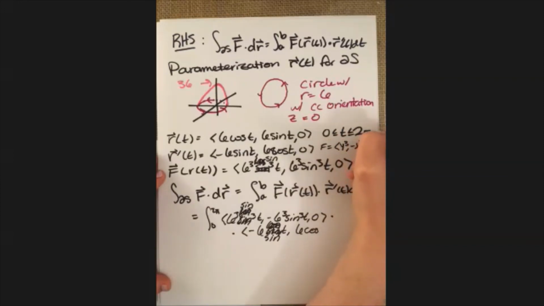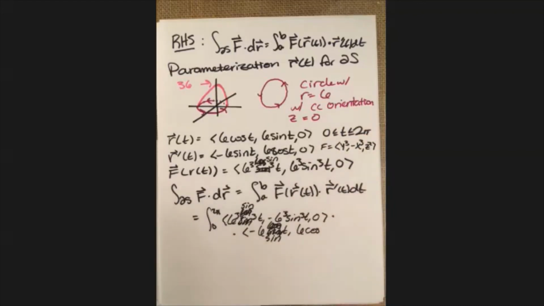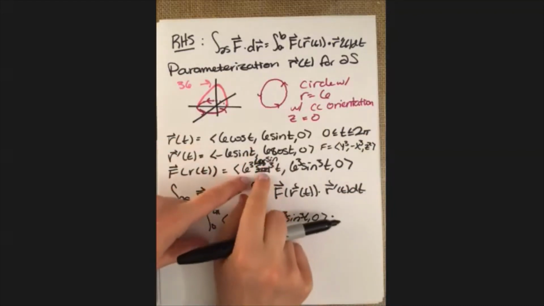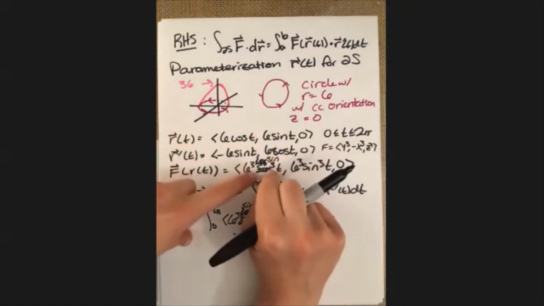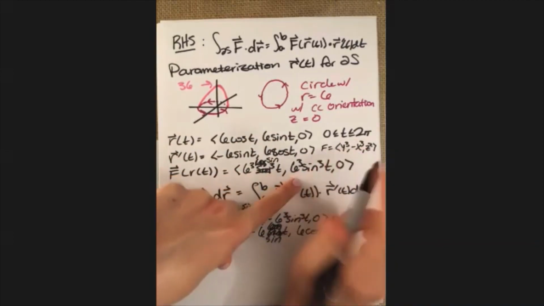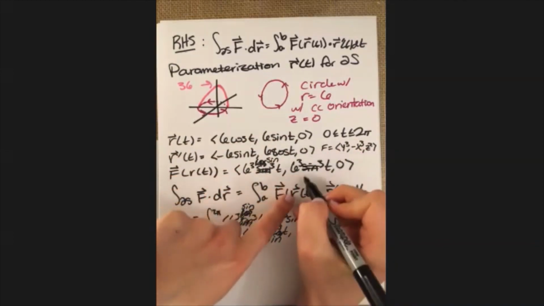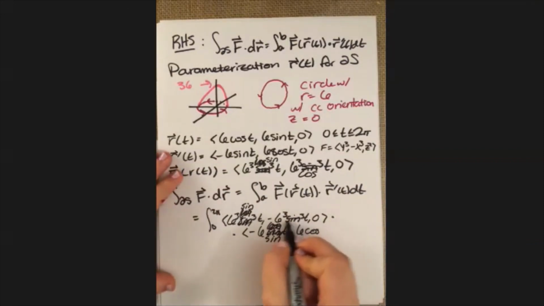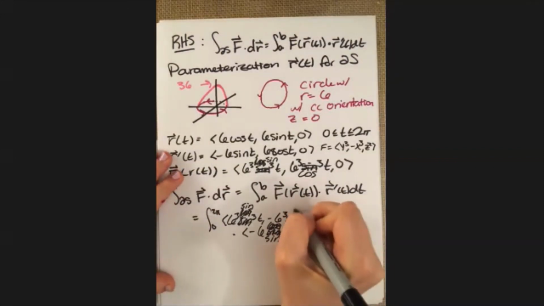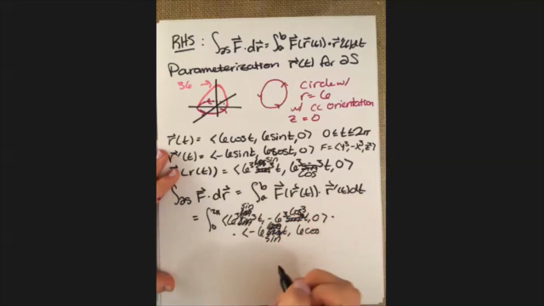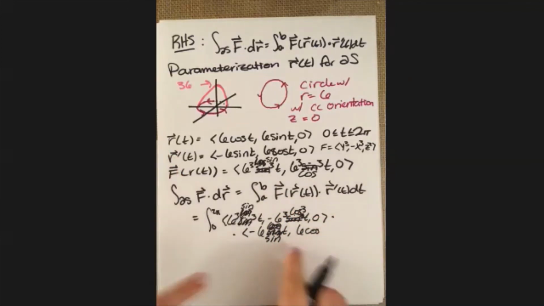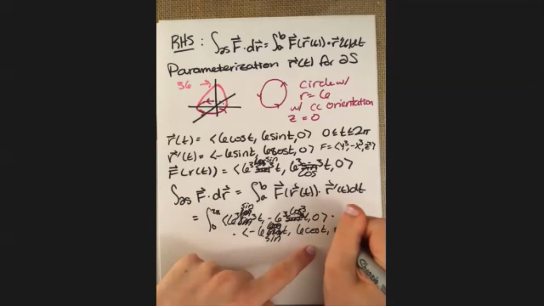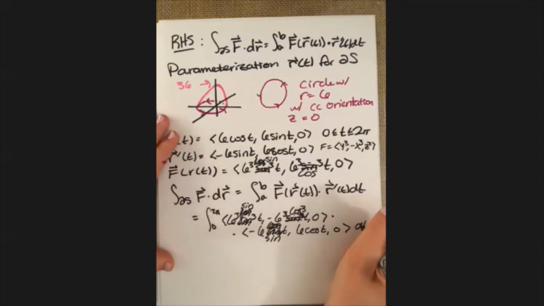So negative x cubed, and then there was a z squared here in the last component. So just to recap, there was a y here originally, so we had to put in sine for that component, and then there was an x here originally. I got that one backwards too. Cosine cubed t. All right, there we go. So that should fix that up, and then this one should be cosine cubed t, and then sine cubed t cosine t, 0. All right, now we're back on track.